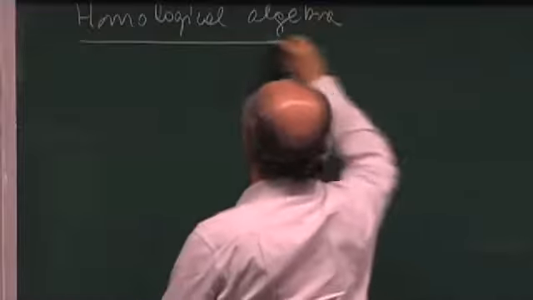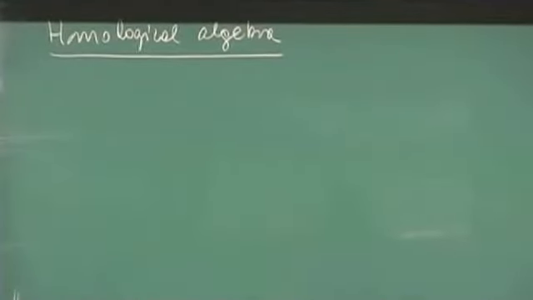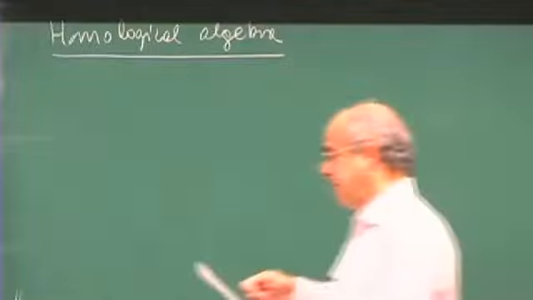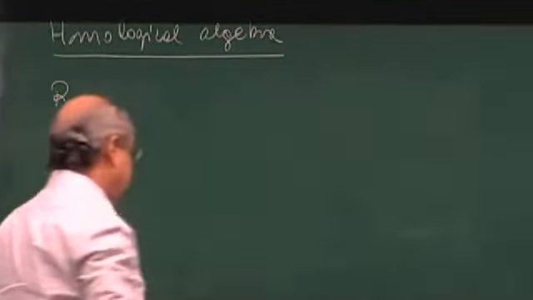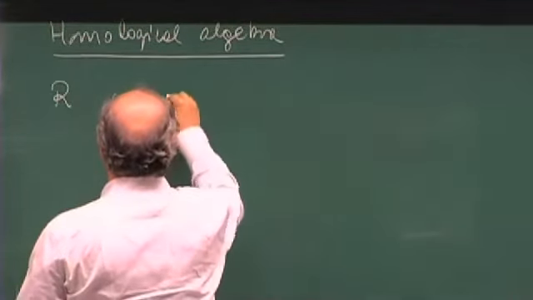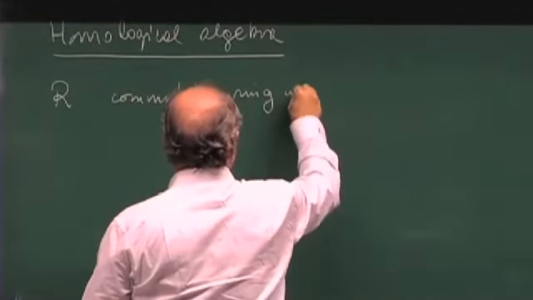So we need to talk about exact sequences, homology, cohomology, so we need some basic terminology, some very basic tools. What we need is to talk about modules over rings. So we shall consider a commutative ring with unit.